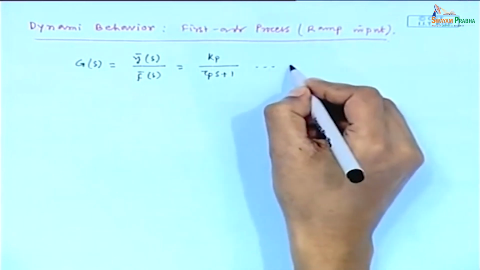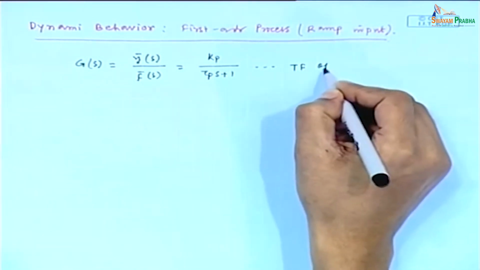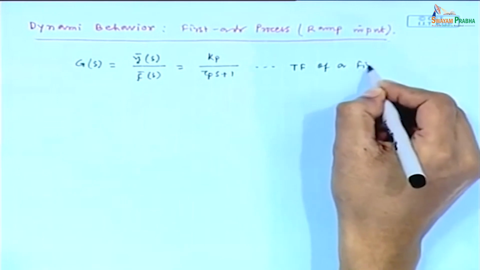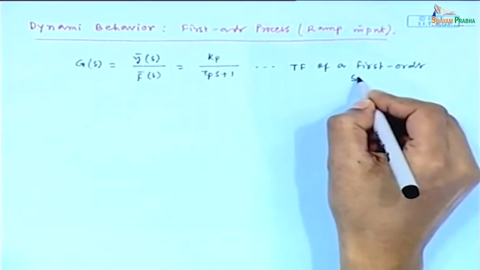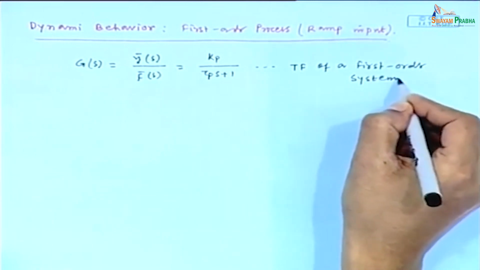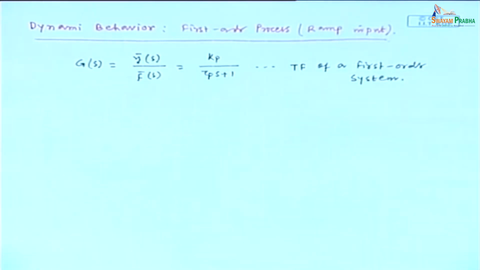This is the transfer function of a first order system. Now, to observe the transient behavior of a process, we need to introduce some change in input variable.